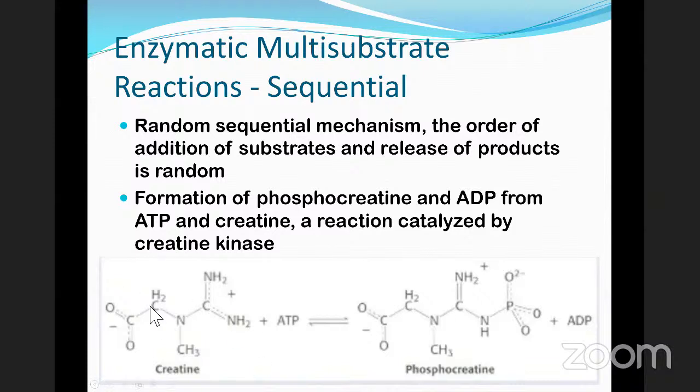So your creatine would be added to your ATP. So that's your enzyme substrate, plus your enzyme would be your creatine kinase. Then your enzyme product would be your phosphocreatine and your ADP.